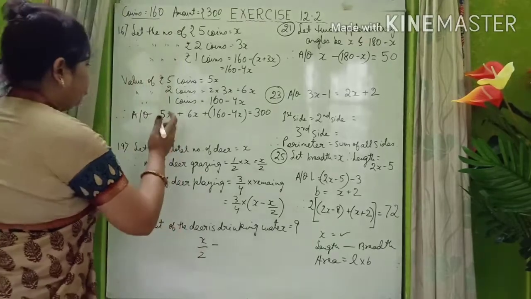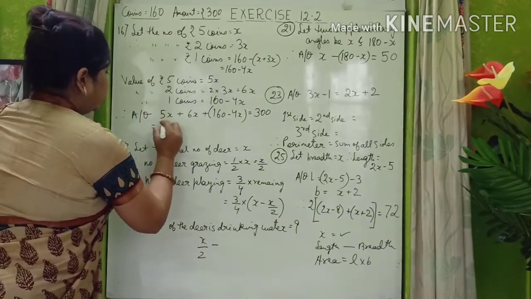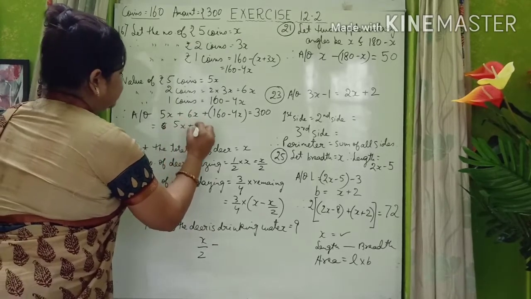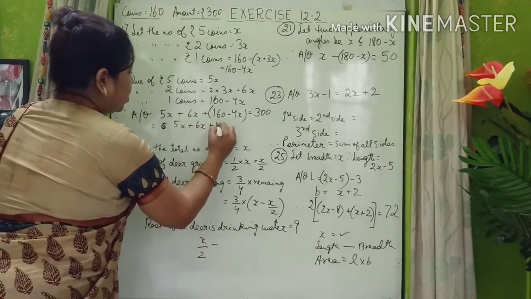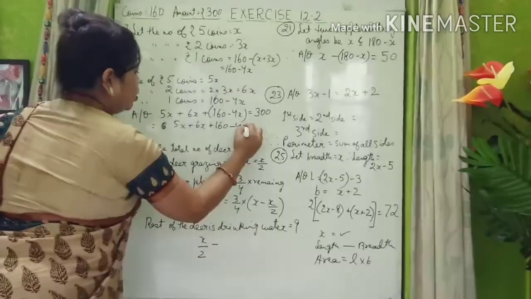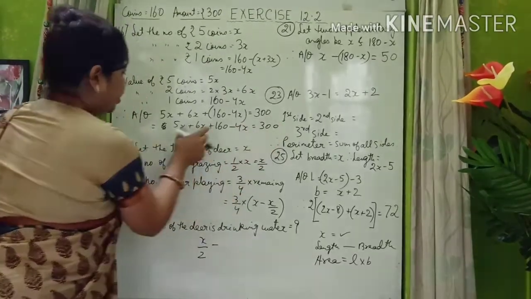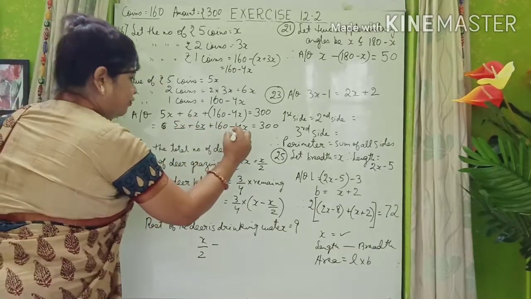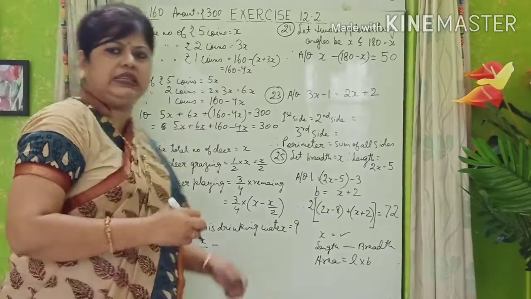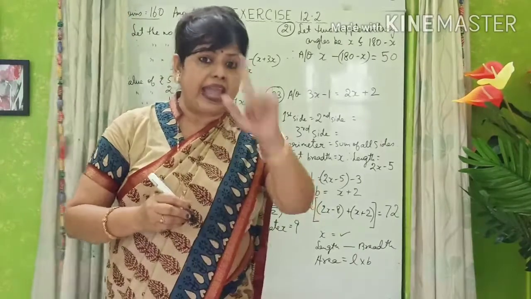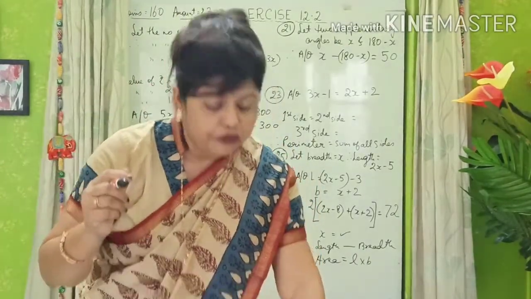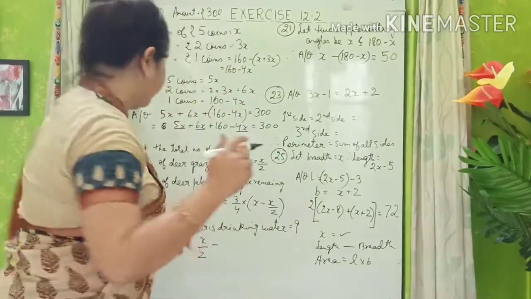So when we solve here, this becomes 5x plus 6x plus 160 minus 4x equals 300. You solve 5x, 6x and 4x, take 160 to the other side and you find x. Now after finding x, the question says, children, you have to find coins of all denominations.